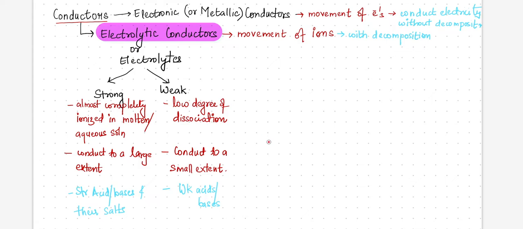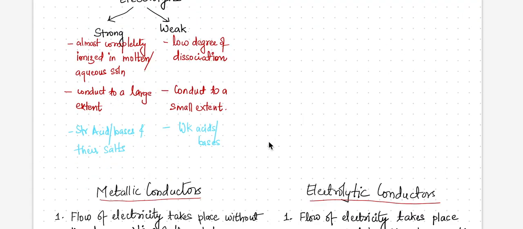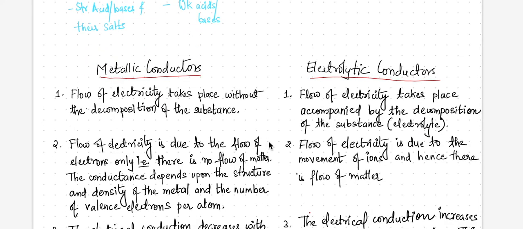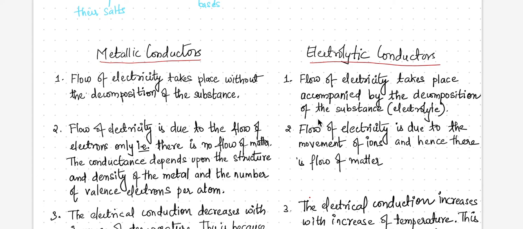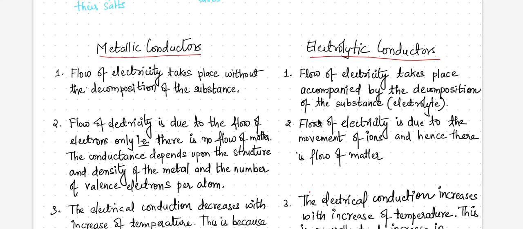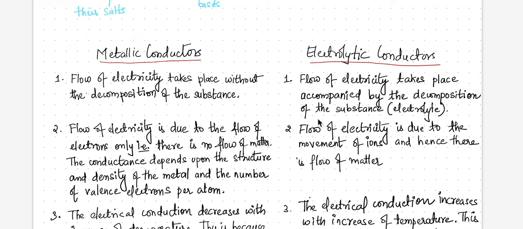Before I conclude this video, I would like to indicate some of the major differences that we see between these two types of conductors. As you can see here, I have divided into two columns: the metallic conductors versus the electrolytic conductors.